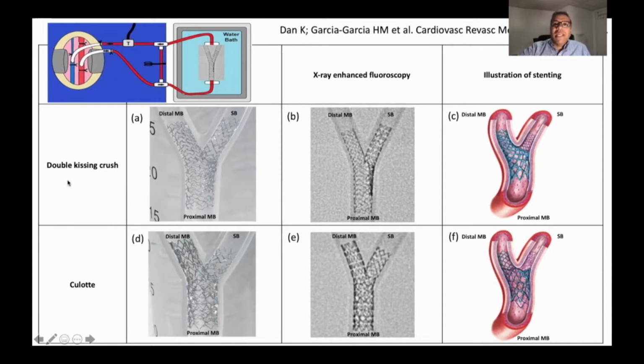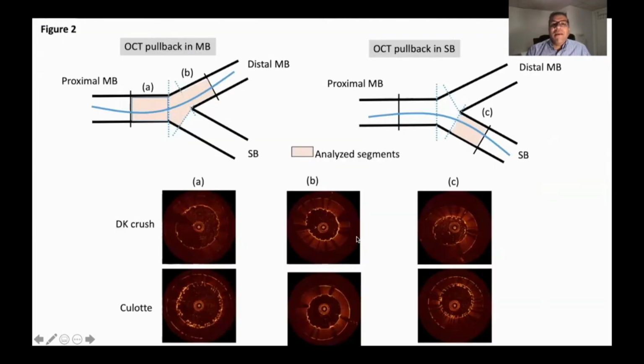These are the models we have used. We have used a DK crush model. You can see here the microscopic view, and we also use a culotte model. The panels in the middle are simply the fluoroscopic images as shown here. What we have done is 2 pullbacks: 1 pullback coming from the distal main branch, going into the bifurcation, and then moving into the proximal section of the main branch of the bifurcation.